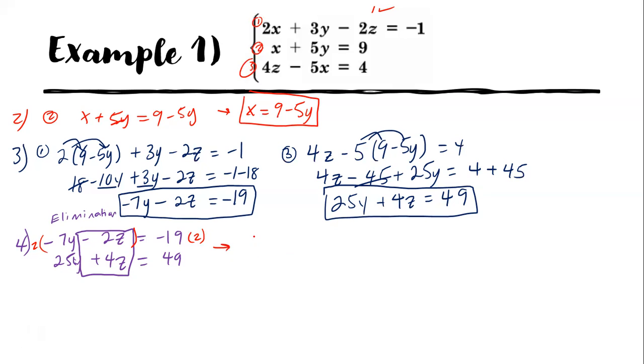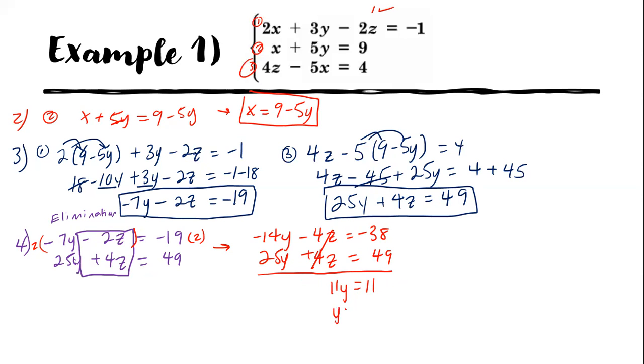So now I'm working with negative 14y minus 4z equals negative 38, and I have 25y plus 4z equals 49. When I combine, my z's are going to cancel, and I'm left with negative 14y plus 25y, which gives me 11y, which equals 11. So we know that y equals 1.